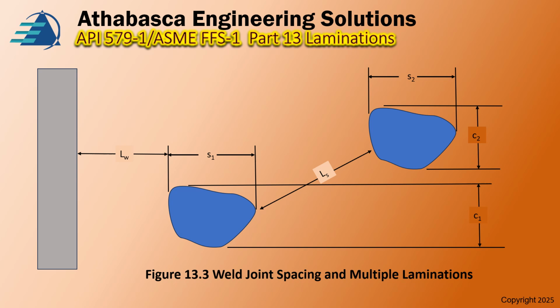We follow the same kind of accounting practices, and then we look at the distance LS, the distance between the two, because we're concerned about the fact that they can influence each other. But if they're far enough away, then it's not an issue. Then LW is the distance to the closest discontinuity. In this case, we have a weld.